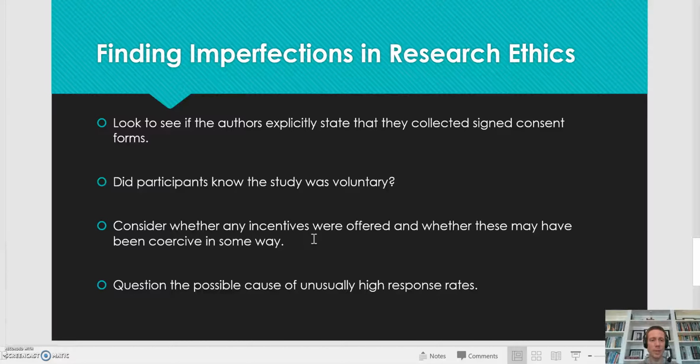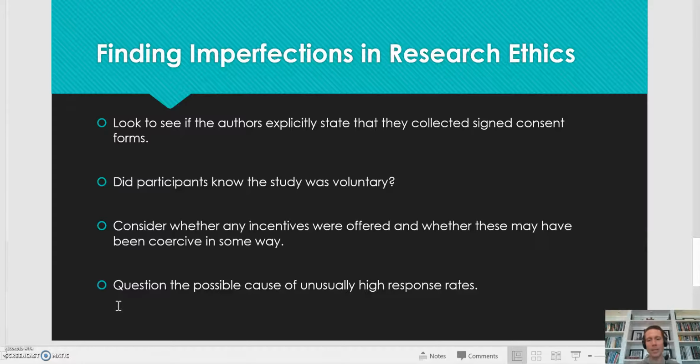A lot of times to increase your participation rate, you might pay the participants, or you might raffle a certain item that's desirable, or you might give every participant maybe a gift certificate somewhere. And then lastly, question the possible cause of unusually high response rates.